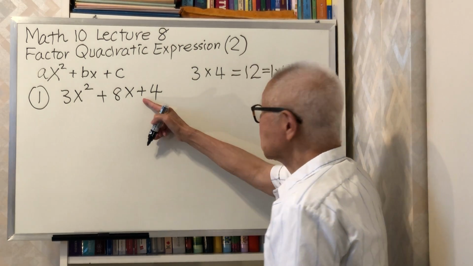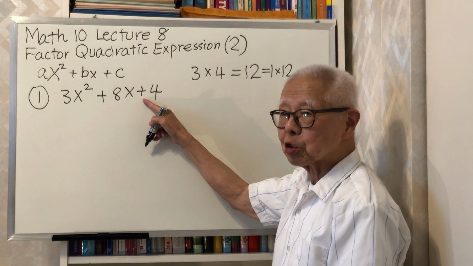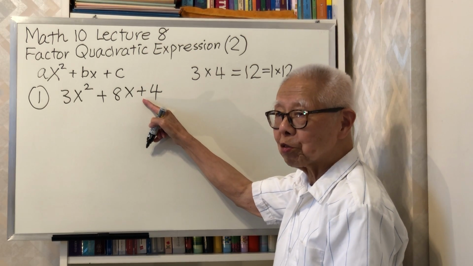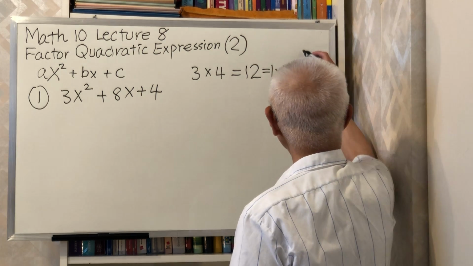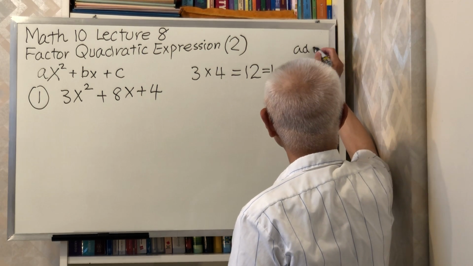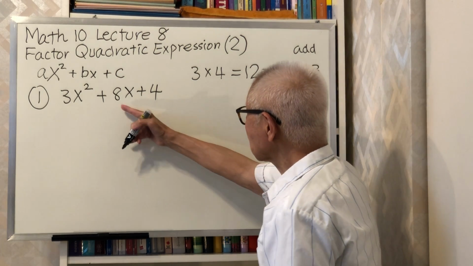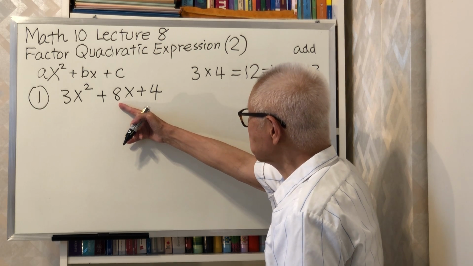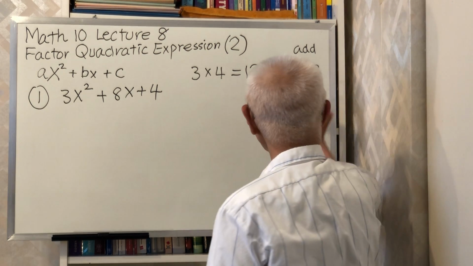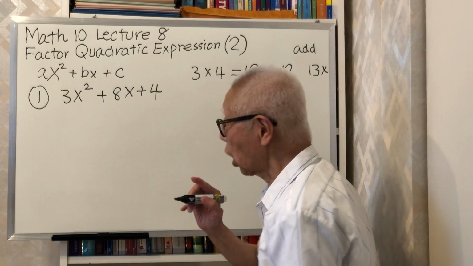Look at this plus sign, which means I need to add the two factors. I need to add 1 and 12. So if I add, I get 13. But this middle term is 8, which is not 13.